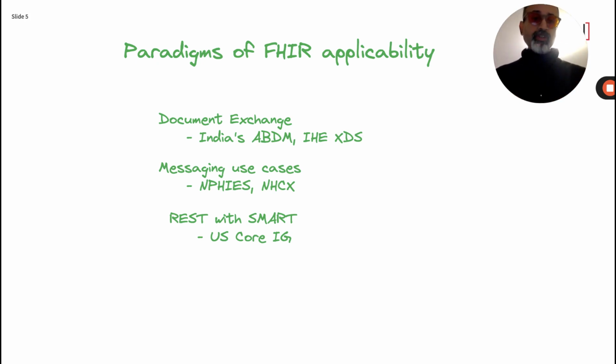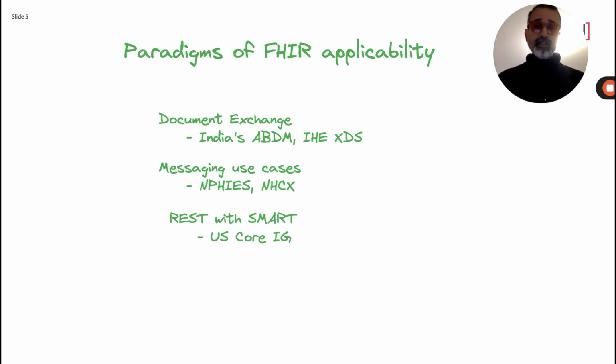Some of the main implementations are NAFIS, which is the national insurance platform of the Saudi Arabia region, and NHCX, India's HCX platform for insurance. Checking the eligibility for insurance, processing the claim, reconciling the payment. So all of these use cases require a messaging pattern. You send something and then you expect something to come back.